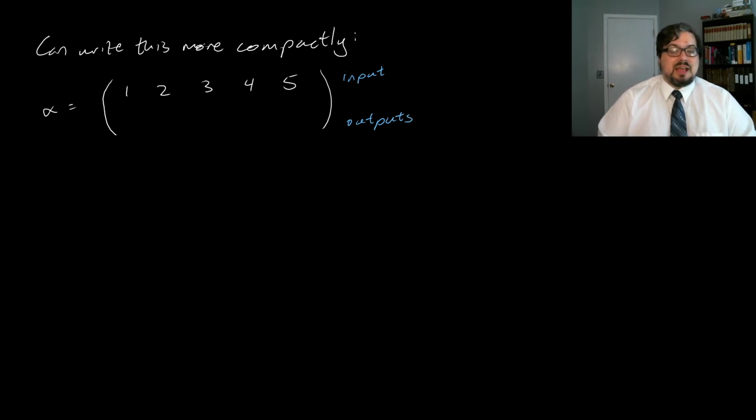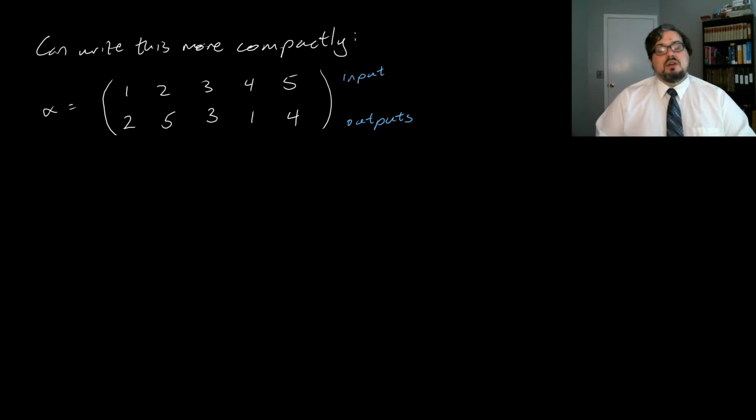So the alpha that we had before has an input of 1 and an output of 2, an input of 2 and an output of 5, an input of 3 and an output of 3, an input of 4, output of 1, and an input of 5, an output of 4. This is a more compact way of writing down the permutation alpha, simply by listing all the inputs along the top and all the outputs along the bottom.